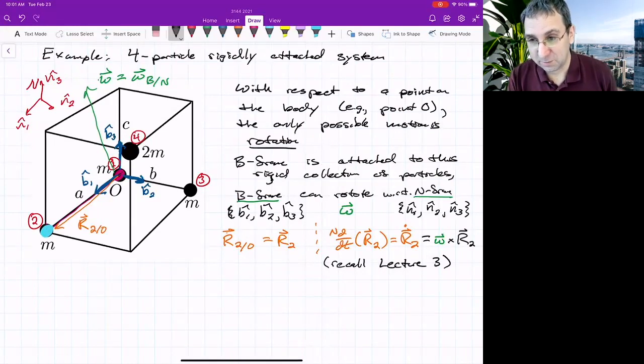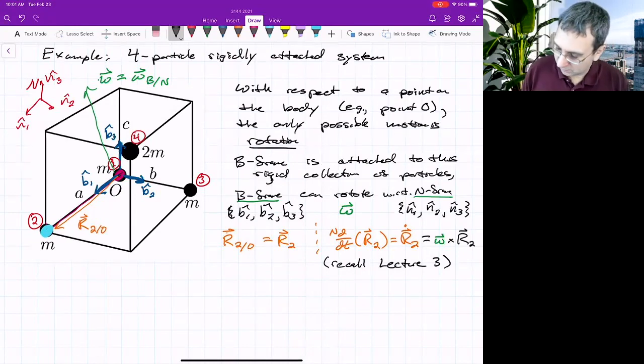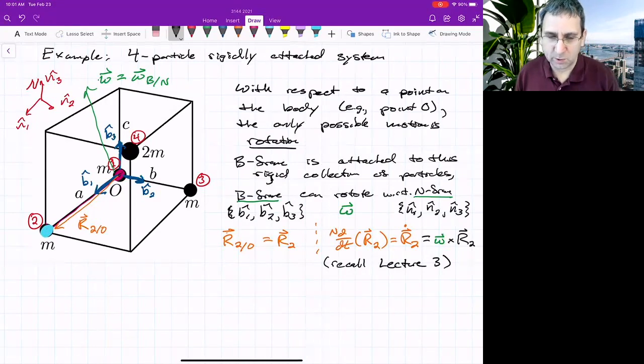You could think of this as coming from the transport theorem, but you could also just go back to lecture 3. Now, why is this important? This is important because when we want to write the dynamics, it's going to be based on the angular momentum of the rigid body.